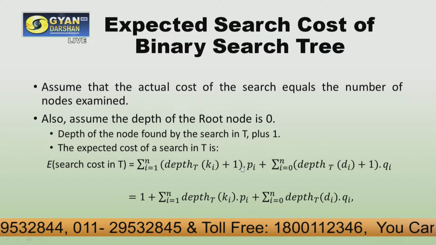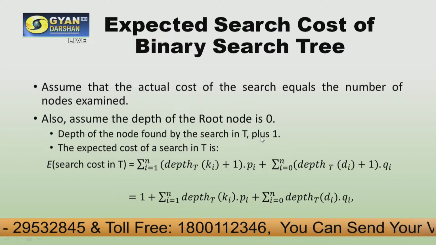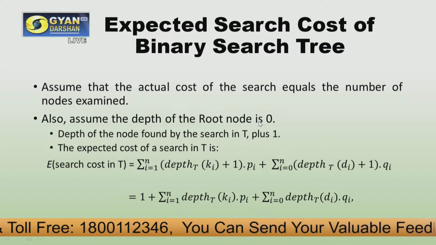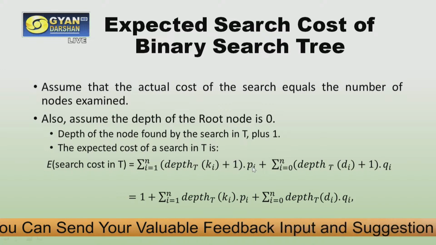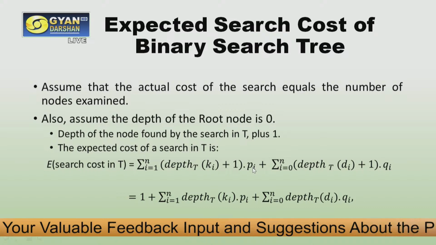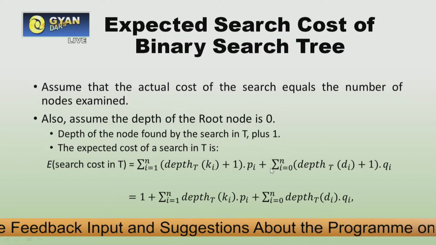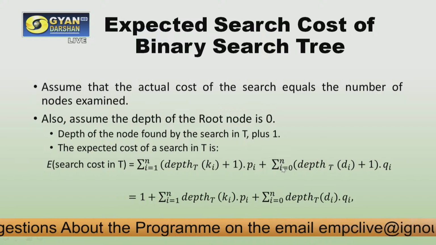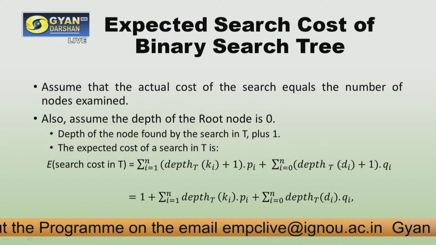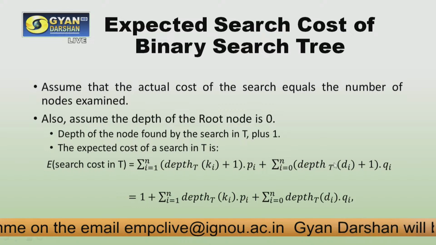So the level of that particular node, that is the depth of the node, plus 1, because these are the number of searches, multiplied by the probability of that node, plus the same for the dummy nodes.